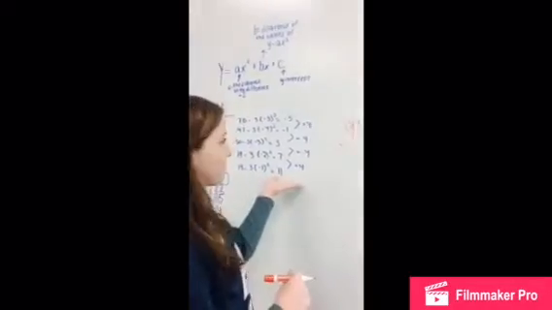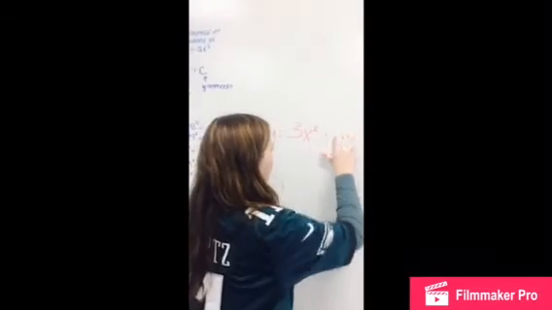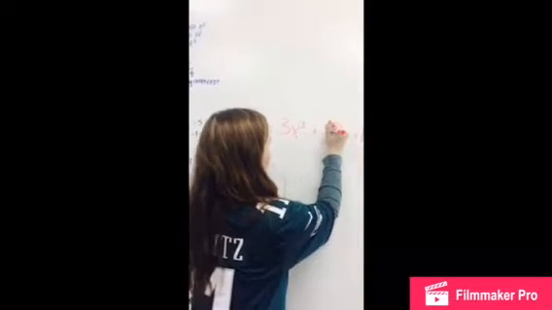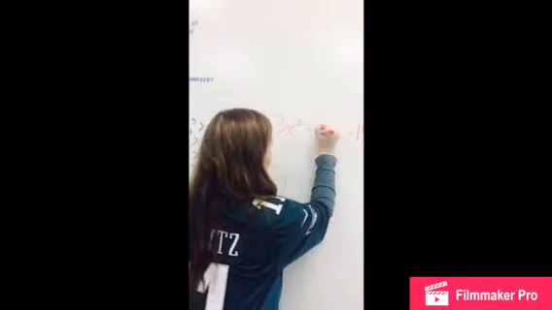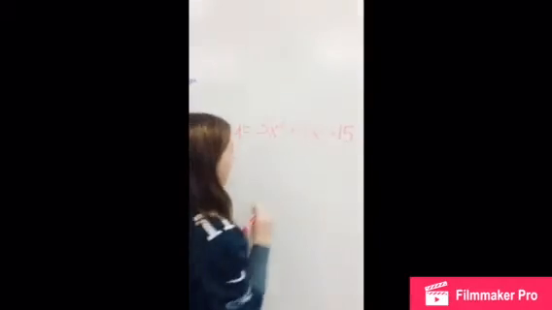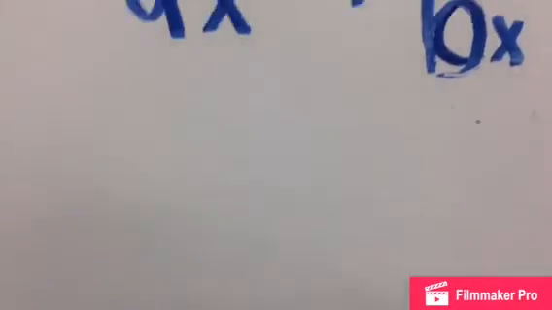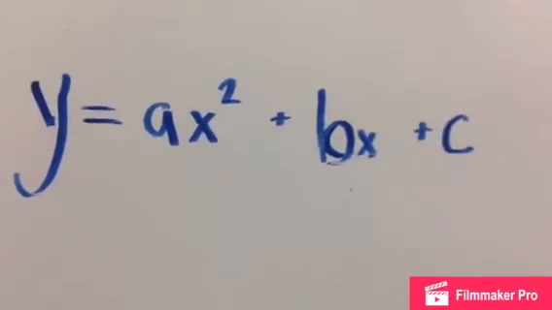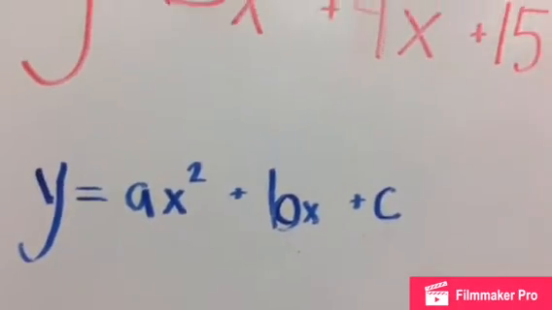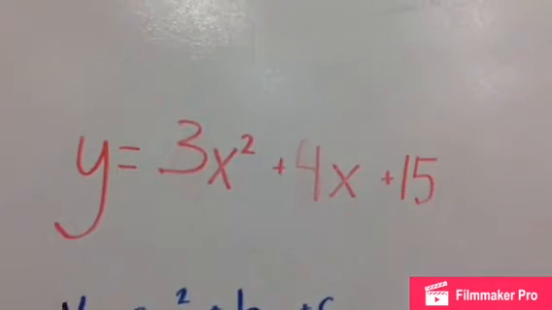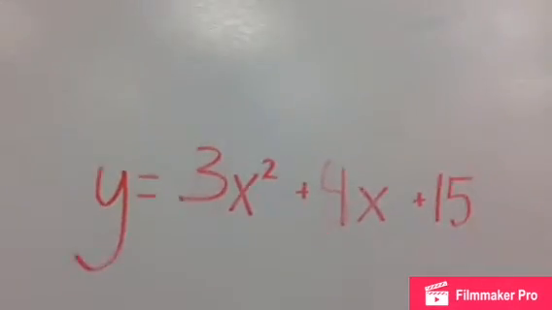Now, all I have to do is plug 4 in for B in my original equation. Now I have my final equation. It ends up being 3x squared plus 4x plus 15. Yay!